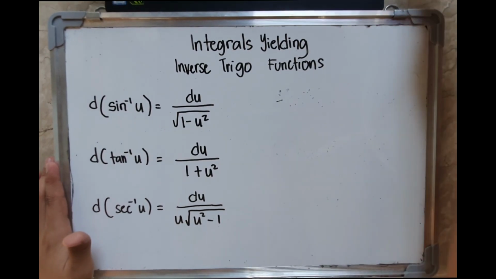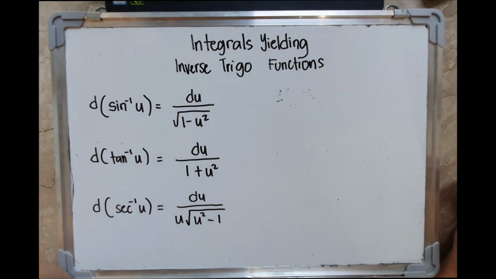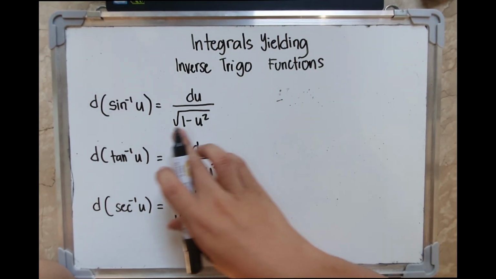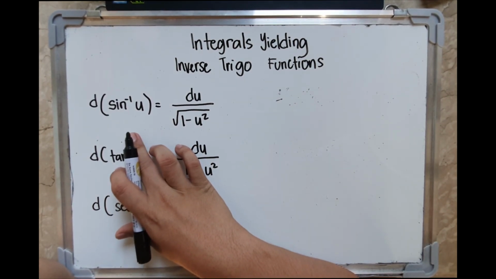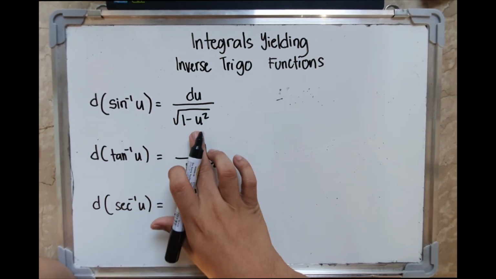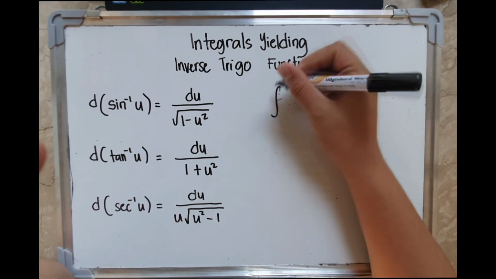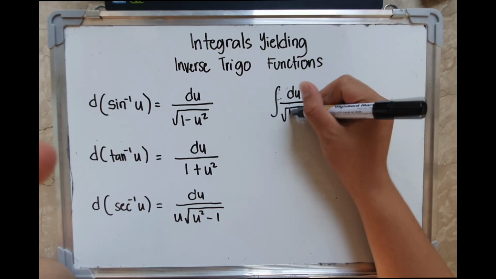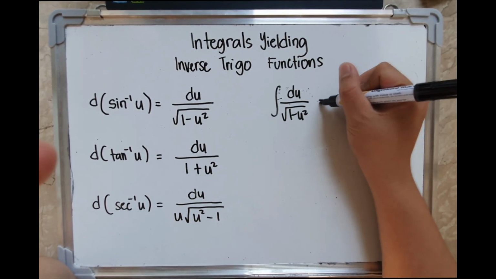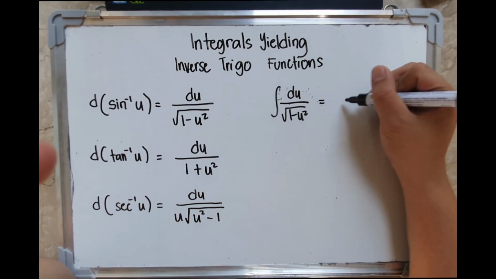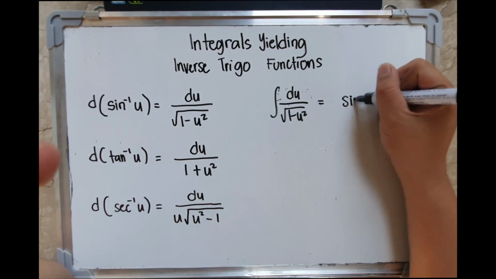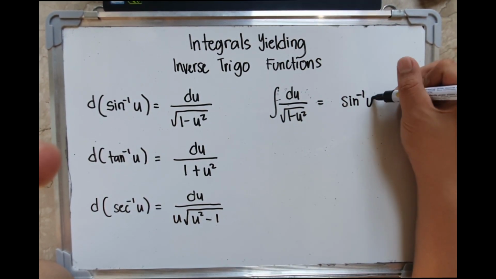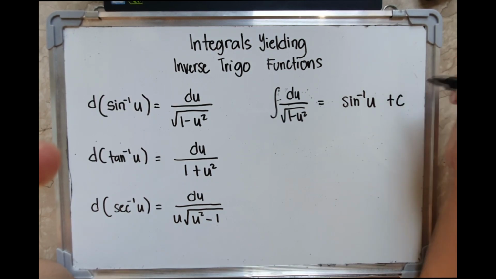So we all know that the integral is the reverse of the differential. So taking the integral of this one, the integral of du over the square root of 1 minus u squared, that is resulting to the arc sine u plus c.